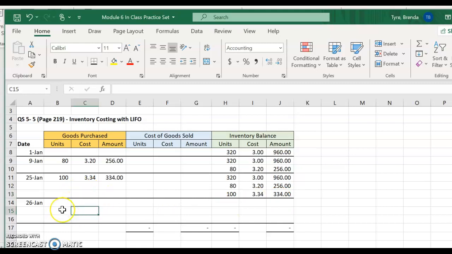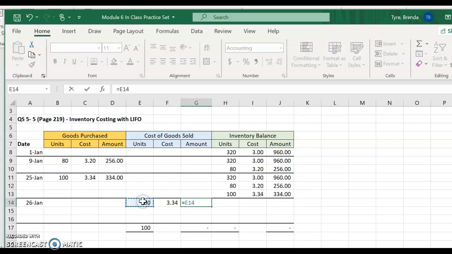All right, on January 26th, then what happens? We sell 350 units. I'm going to take from the bottom first this time, right? So I'm going to take 100 out of the 3.34. And I'm going to take 80 out of the next group at 3.20.